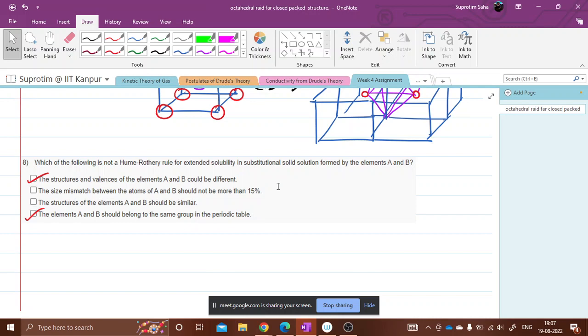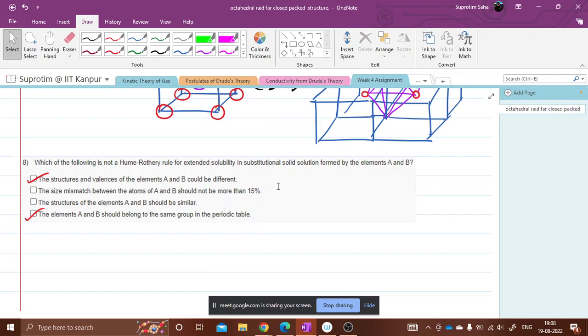And the valence: for copper it is 1 and for nickel it is 2, so they have to be close to form the stoichiometry of the copper nickel solution. So the structures and valences of the atoms A and B could be different. That is not correct.